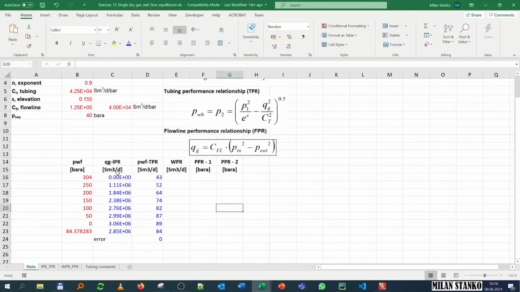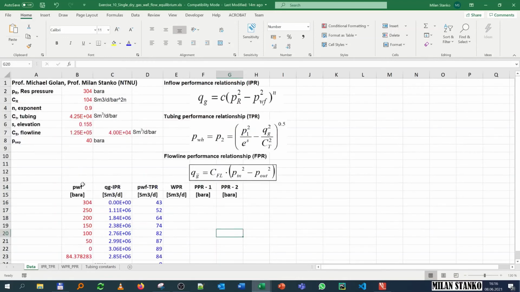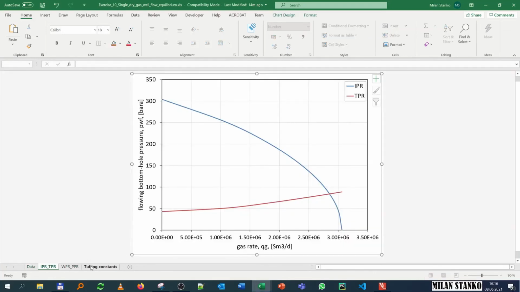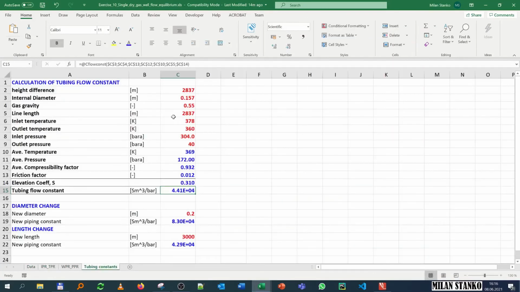Okay, so that's going to be my intersection, but let's see what happens now. The pressure that I have is 84 and 40 at the top. So I want to see what is the effect on my intersection of the tubing constant. Now the inlet pressure is not 305, but 84. You see the CT change is very, very mild.